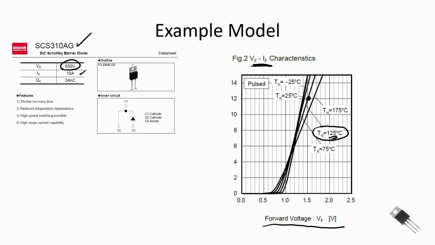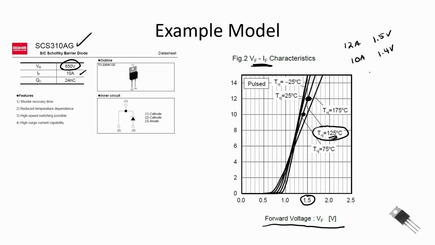I'm going to pick off 2 points. Here's one point that's at 12 amps, and at 12 amps our forward voltage drop when conducting is 1.5 volts. Then I'm going to also look at this point right here. That's 10 amps for that line, and that has a forward conduction of 1.4 volts.